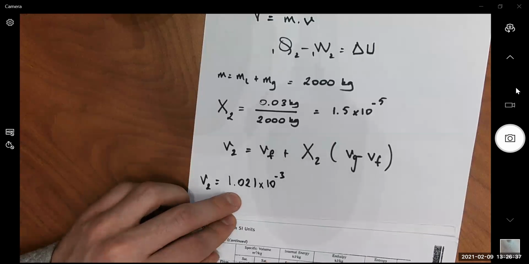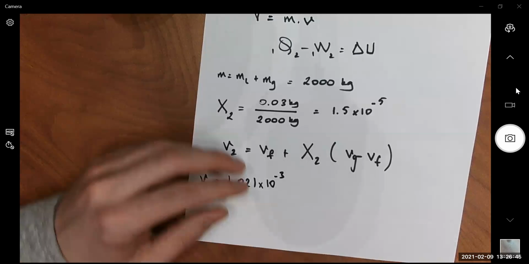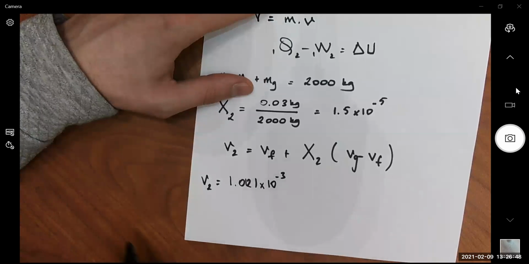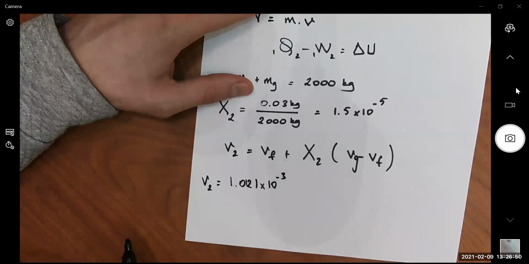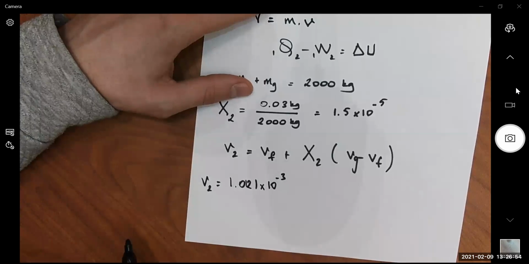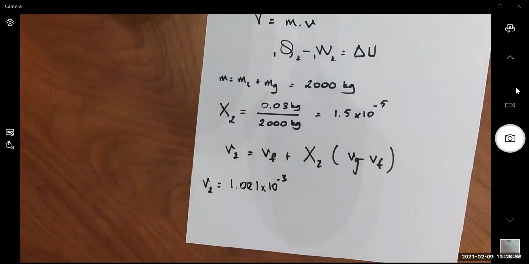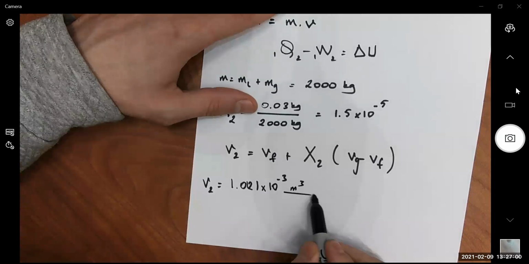Remember that times 10 to the minus 3, or divided by 1,000. Is it 1.021? You can put 1.0121 divided by 1,000, in meter cubed per kilogram.